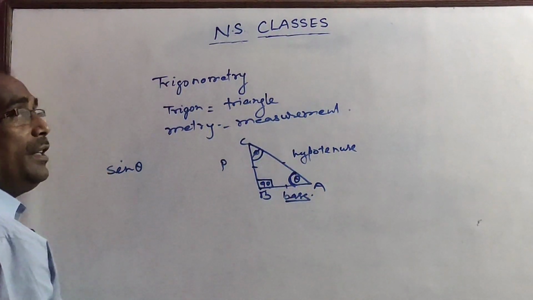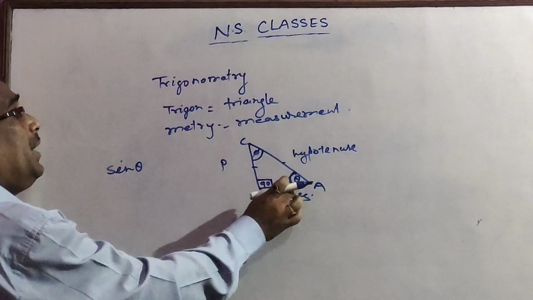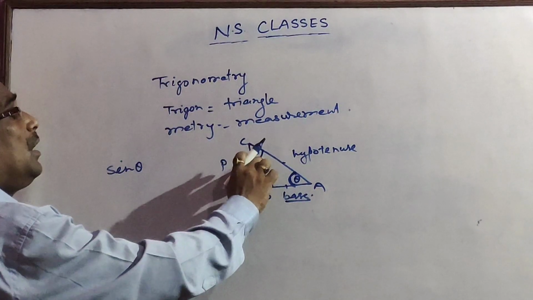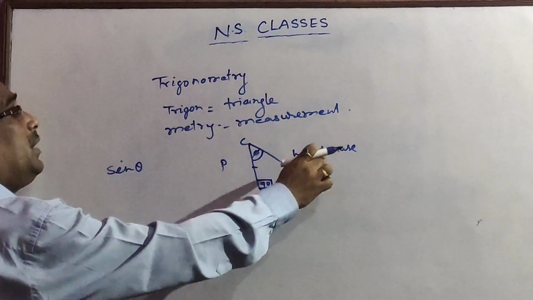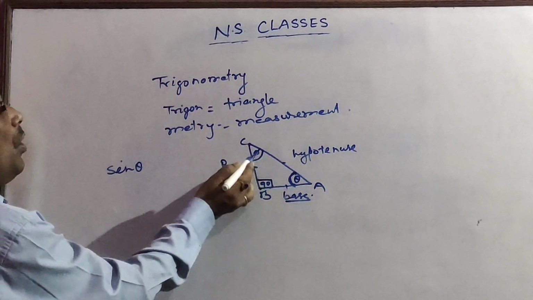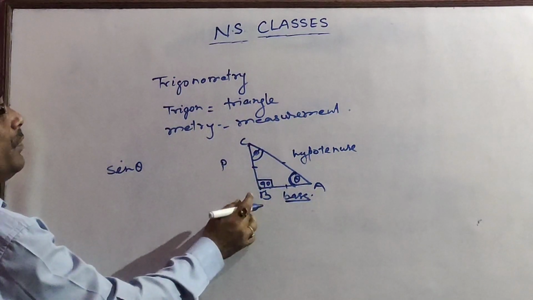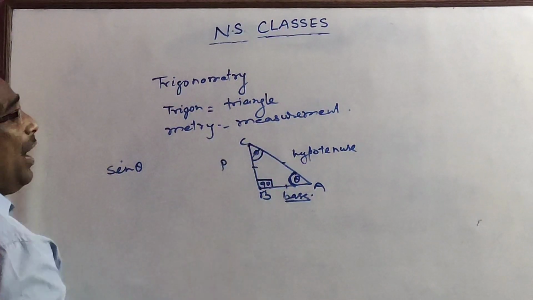The hypotenuse never changes, either for this angle or for this angle. Then what is left here? For angle phi, CB is left. CB is the base for angle phi.